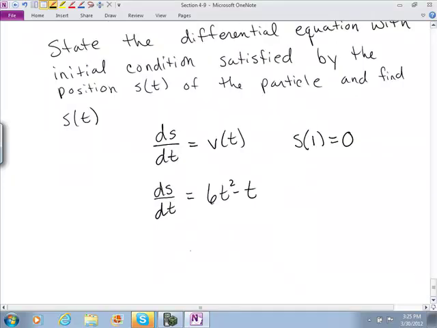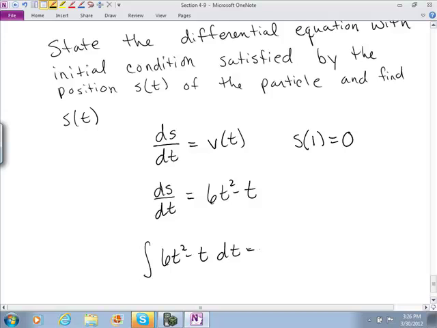So I can integrate this equation and find the antiderivative and then plug in my initial condition to figure out what c is. All right, so if I antidifferentiate this dt, I'll just use the power rule. I'm going to figure out what function has that as a derivative.